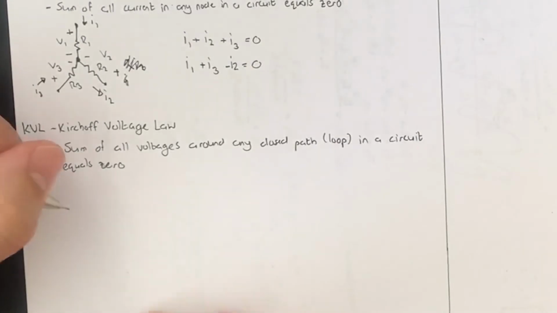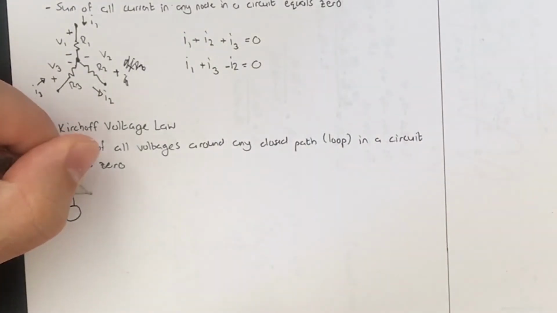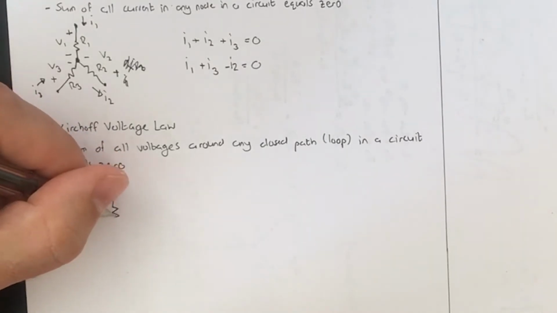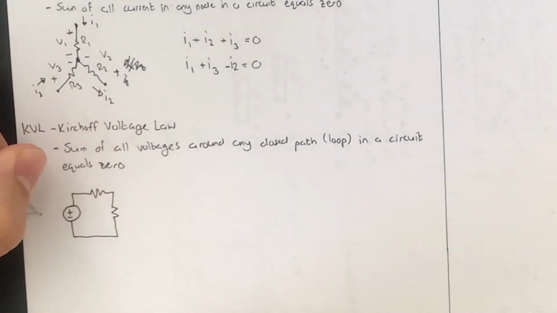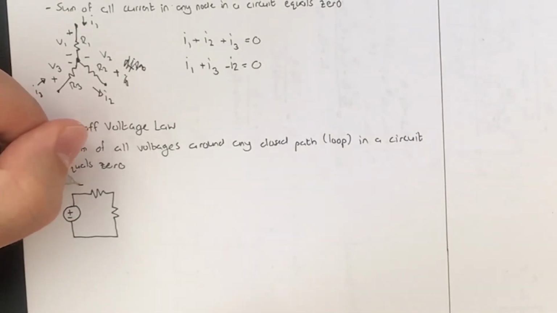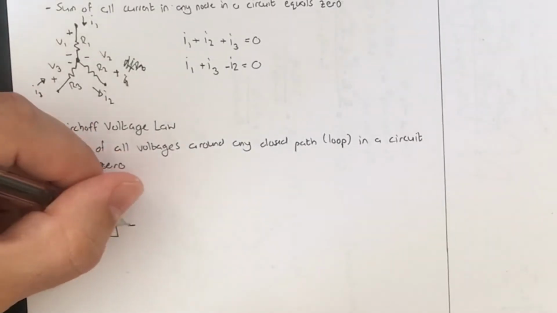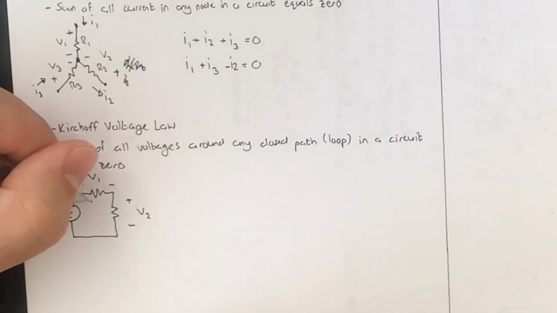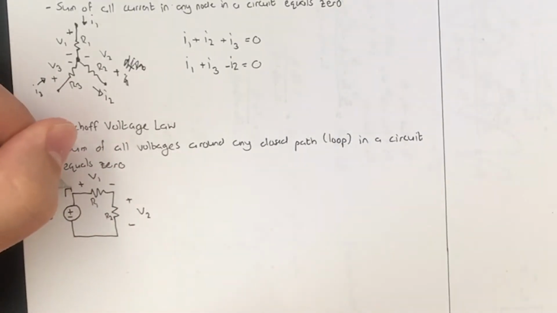So what does this mean? Let's define a loop in a circuit, 2 resistors and a voltage source. So we have voltage Vs and we have another voltage V1 and another voltage V2, and this is R1, R2, and obviously currents flowing in this direction, Is.